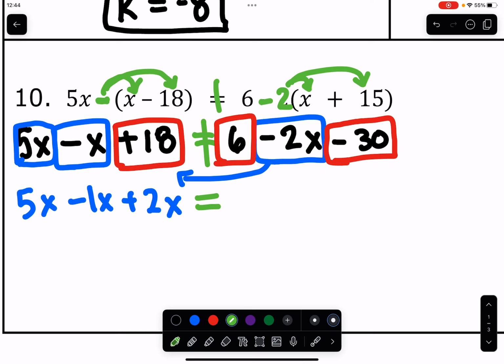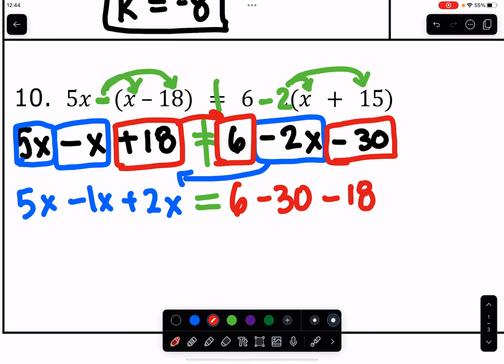There's my equal sign, and I do the same thing now with my constants. So 6 is going to stay on the right side, so that's going to stay as positive 6. Negative 30 is already on the right side, so that's going to stay as negative 30. However, the 18 needs to be moved across that equal sign, so that's going to change it from a positive 18 to a negative 18.